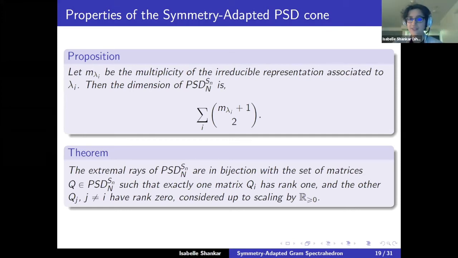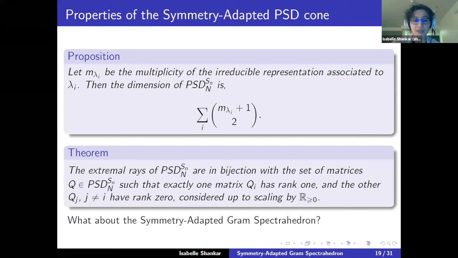Cool. Okay, so we have these cones that we get, these symmetry adapted PSD cones. But what we're interested in is sums of squares, right? So we have some polynomial, and we ask, is it a sum of squares? We get that by intersecting this symmetry adapted PSD cone with an affine subspace defined by the coefficients. When we do that, we get what's called the symmetry adapted Gram spectrahedron.